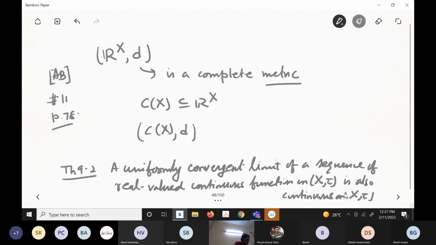This is the actual statement of theorem 9.2. But now look, if I take a Cauchy sequence here, then it will converge there. That means I will have the uniformly convergent limit of that sequence of functions, so by this it will be there. So this result actually says it is a complete metric space.